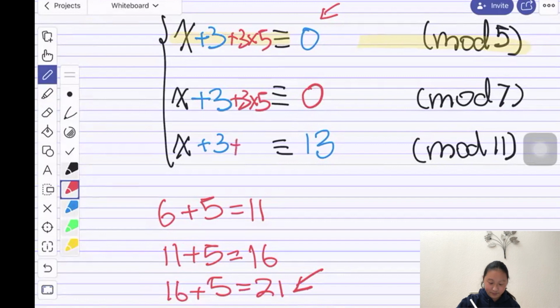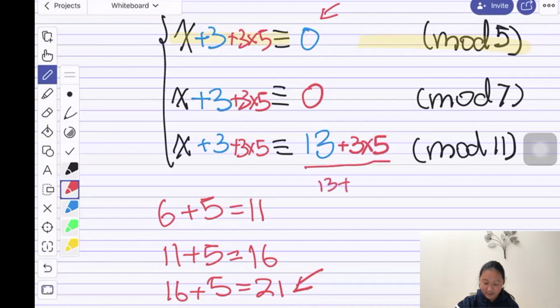So we can simplify this part into 13 plus 15. We get that that's 28. 28 divided by 11 has a remainder of 6. So we will replace this with 6.